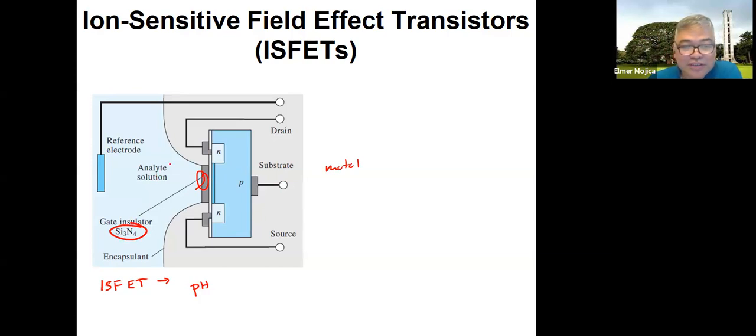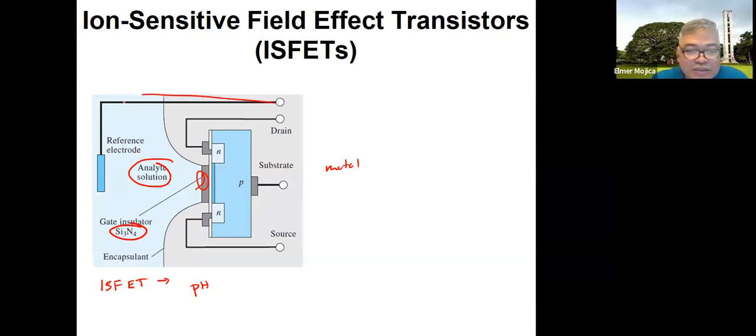So if you look at this, there's the analyte solution. So it is introduced there. Okay. And there's an encapsulant in between, so maybe that's the one that serves as your membrane. Okay. So the analyte solution that contains the hydrogen ions is in contact with the insulating layer and with the, where's the reference electrode here?